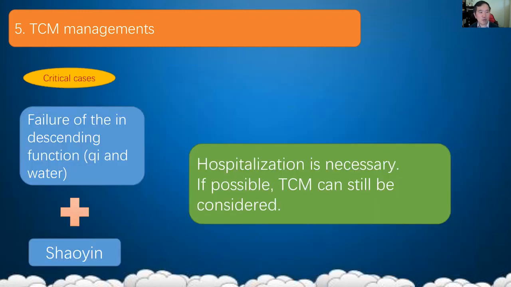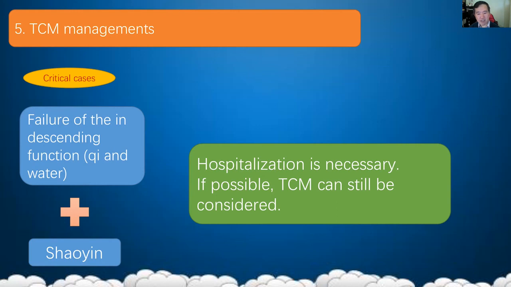But when people move to the critical stage, for example, people have a lot of phlegm, shortness of breath, and very low oxygen saturation, then this situation is usually a mixture of failure of the lung in descending qi and water together with the Shaoyang stage. At this moment, we usually suggest people be hospitalized. Why? Because they need oxygen, they need further support from modern medicine.